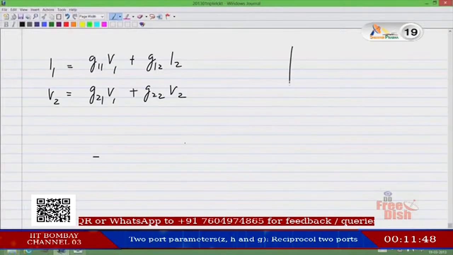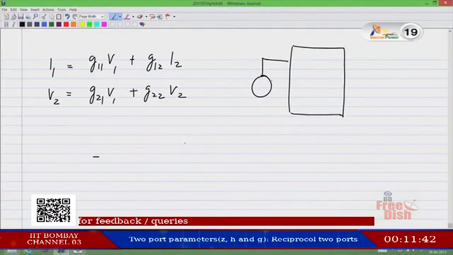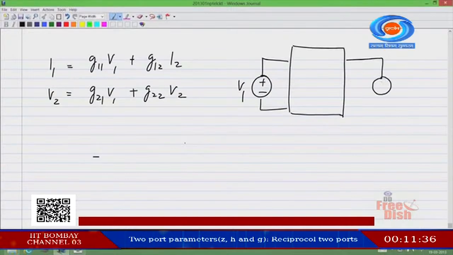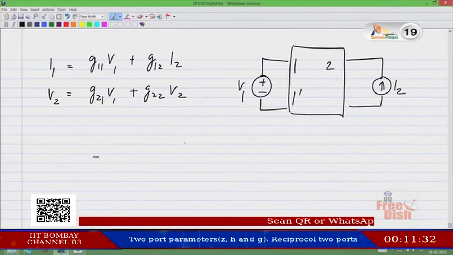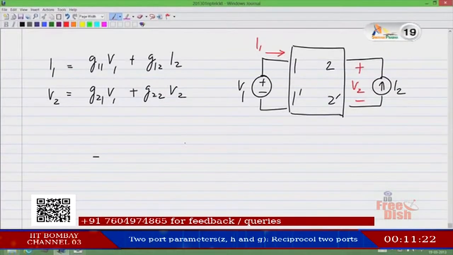And in this case, we think of a voltage being applied here and a current being applied to port 2. And we measure current I1 and voltage V2.